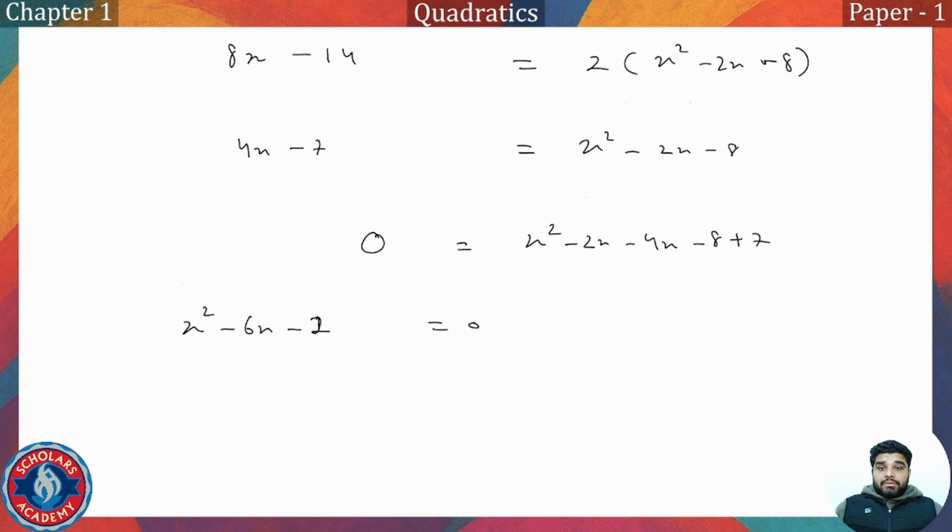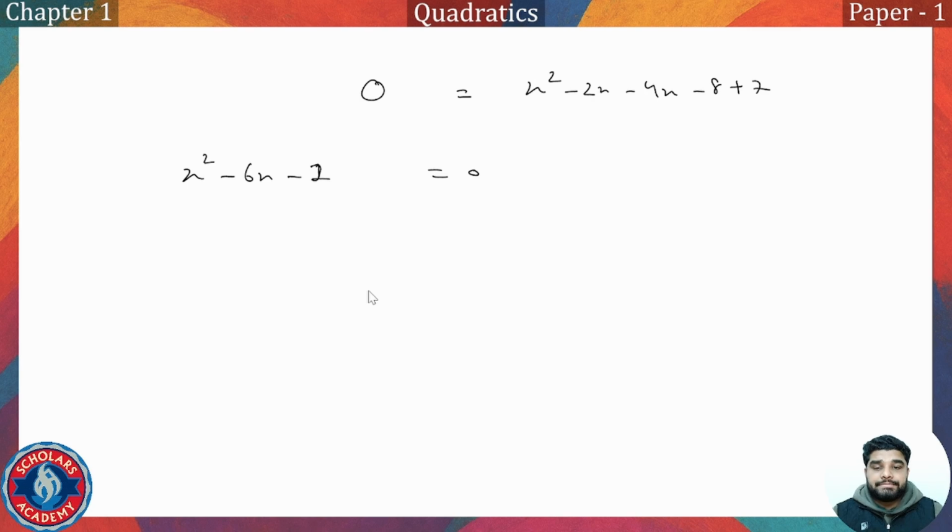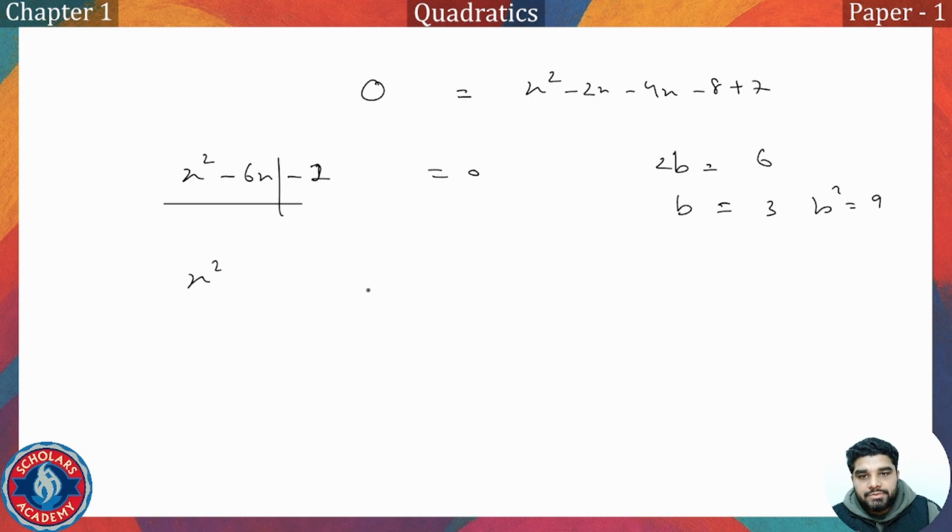Now we'll simplify it by completing the squares. First two terms, 2b is equal to 6, b is equal to 3, b square is equal to 9. So x square minus 6x plus 9 minus 9 minus 1 is equal to 0.